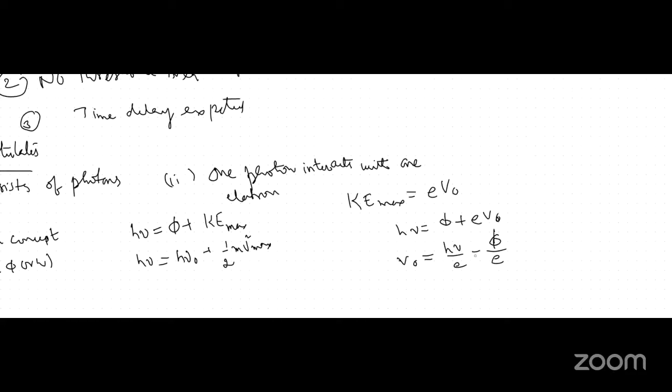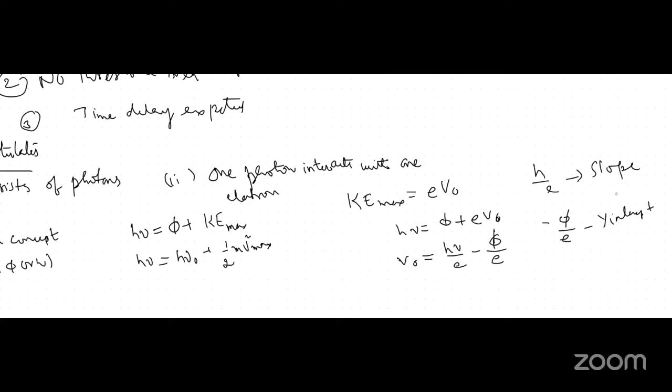Here h by e is the slope of the linear relationship, and minus phi by e gives the y-intercept.